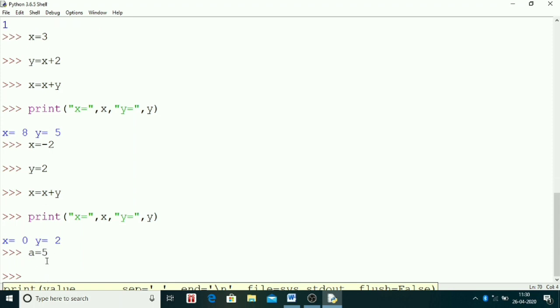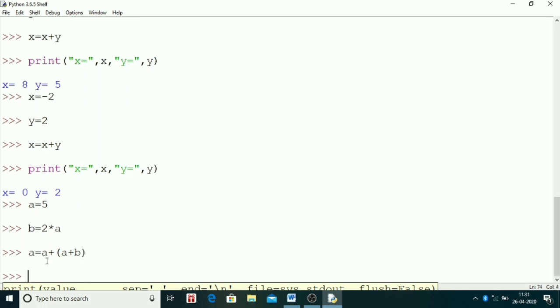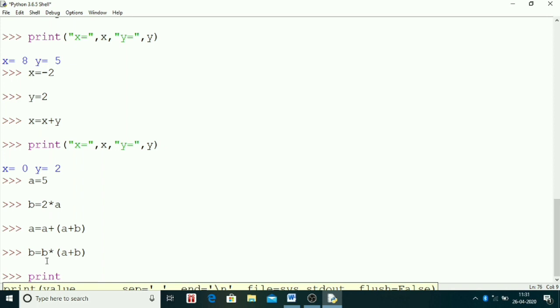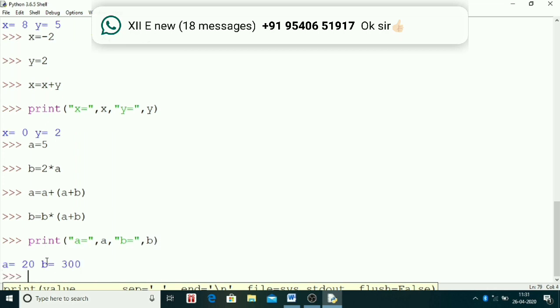Now next question. A is equal to 5. B is equal to 2 into A. Now A is equal to A plus, bracket start, A plus B. Now B is equal to B into A plus B. Now print A is equal to A, B is equal to B. How?